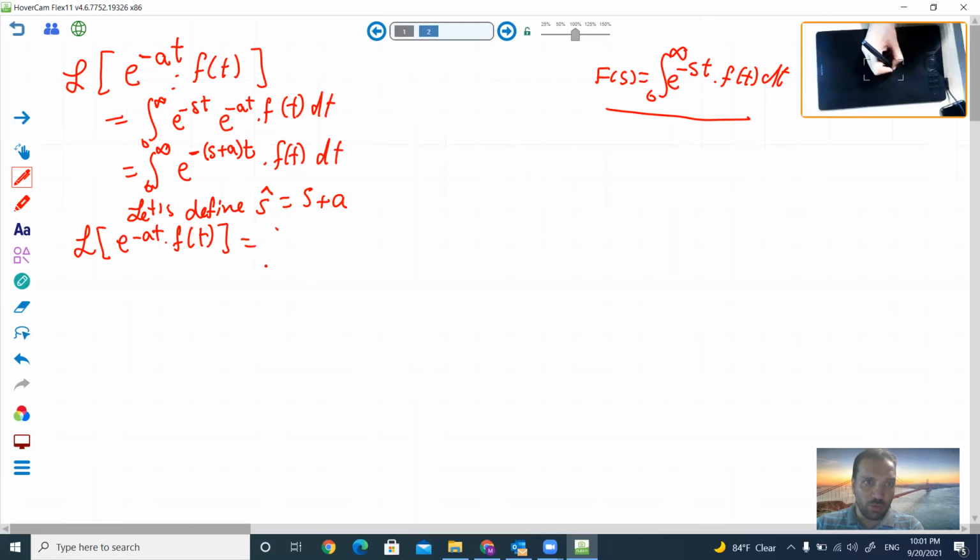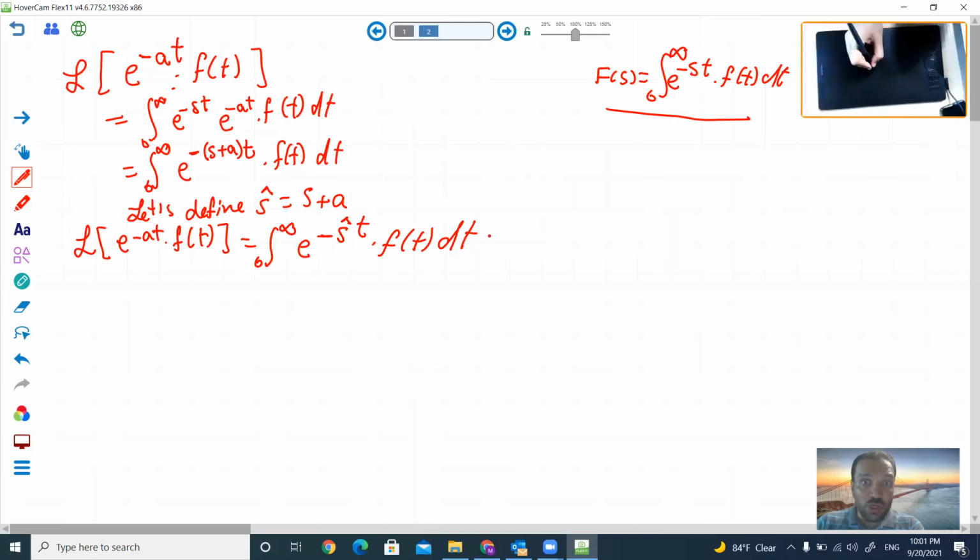It will be equal to the integration from 0 to infinity of e to the power negative s hat t, where s hat equals s plus a, times f of t dt. Comparing this expression with the original one, it is the same. The only difference is that s is replaced by s hat.